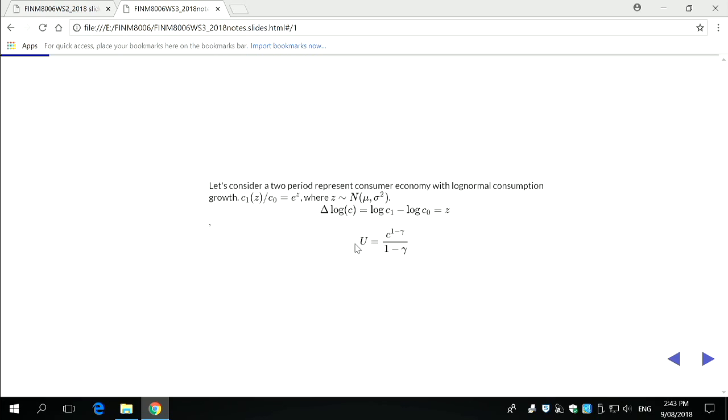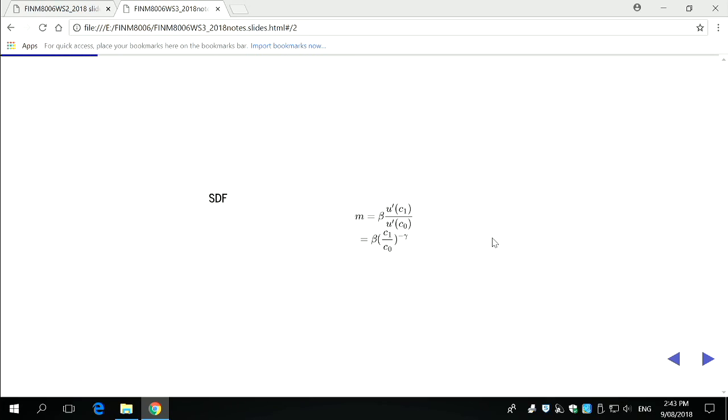Now you have a utility function of this power form, right? We can calculate M, which we call SDF, very easily. If you recall from the lecture notes, that's beta times U prime of C_{t+1} divided by U prime of C_t. That's beta times C1 over C0 to the power of minus gamma. But C1 over C0 is just the growth rate, right?